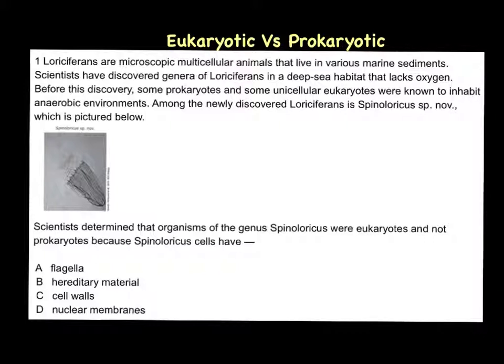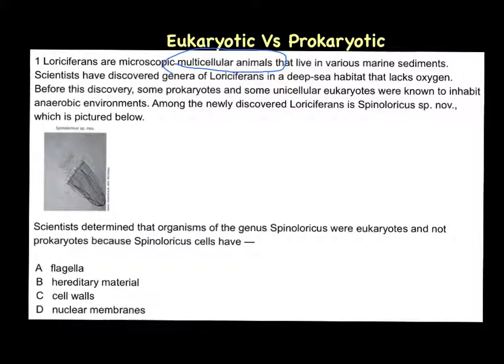Okay, so we have some type of microorganisms here. The important remarks in this question are that they are multicellular animals. That gives you a big clue already. They give us the environment in which they live.